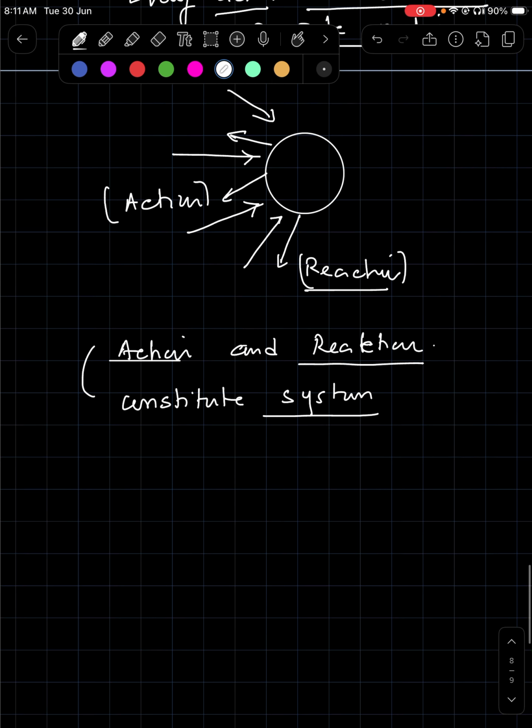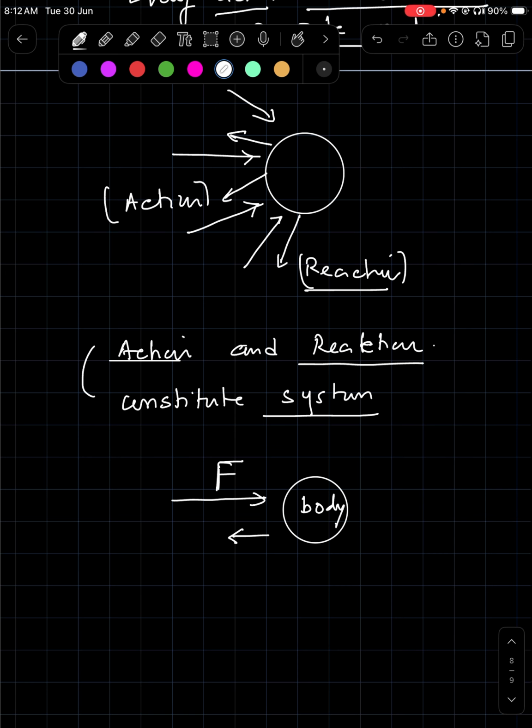That means action is a particular force acting on this body, but the reaction is the force acting on another body, given by this object on which the force is applied, right? Again, I am telling. Suppose the force F is acting on this body.